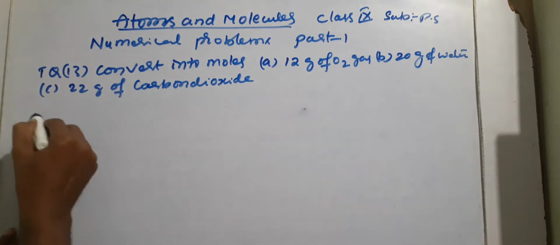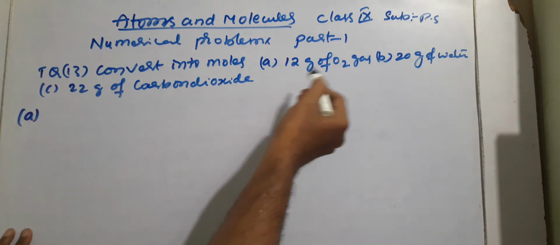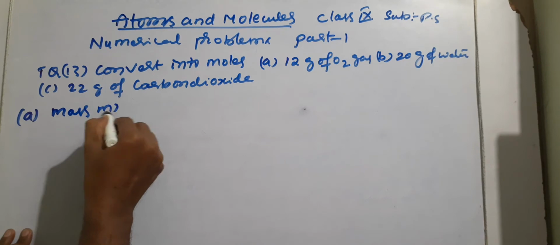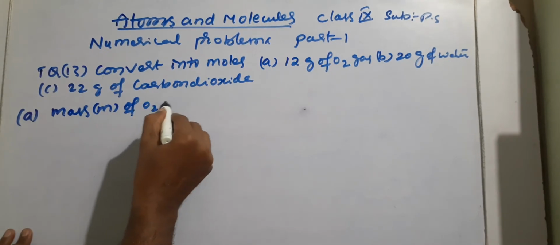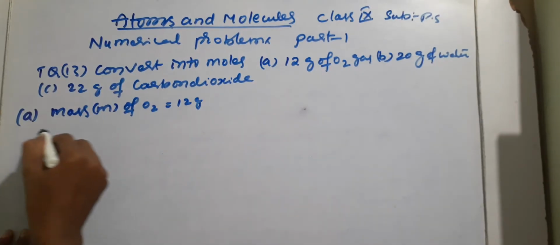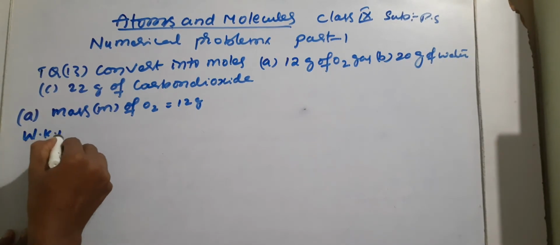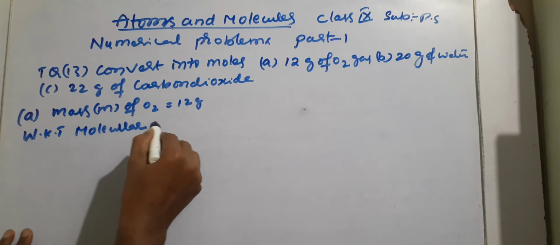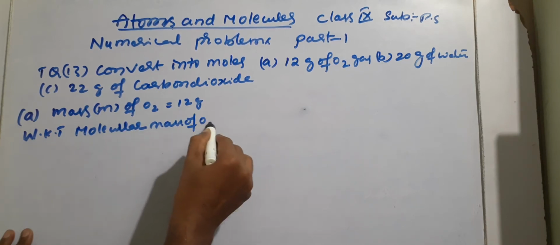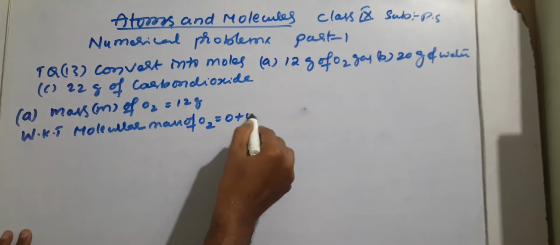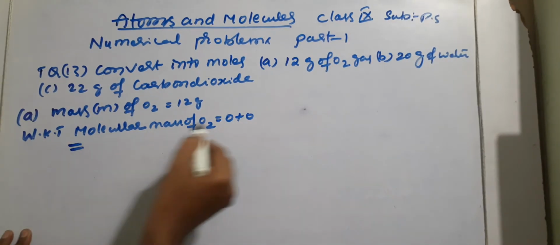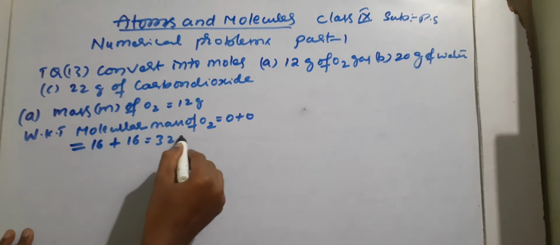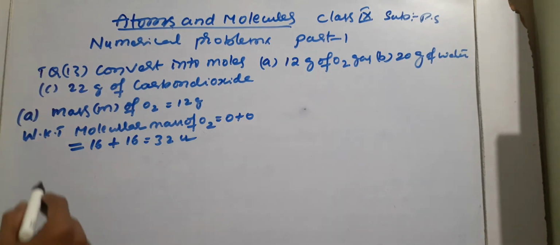First problem, number A: 12 grams of O2 is given. Mass of O2 is 12 grams. And we know that the molecular mass of O2, that is O plus O, where the atomic weight of oxygen is 16 and 16, is 32 U, where U is unified mass.